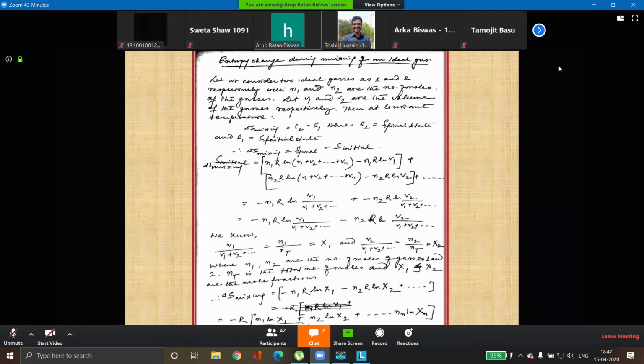When we divide a particular number of moles by the total number, it becomes the mole fraction. Similarly, V2 becomes the number of moles of the second gas divided by the total number of moles, the mole fraction of the second gas. So I have written, where N1 and N2 are the number of moles of gases 1 and 2, and Nt is the total number of moles. X1 and X2 are the mole fractions. So delta S mixing, after computing all this, becomes minus N1 R ln X1 minus N2 R ln X2 plus so on.